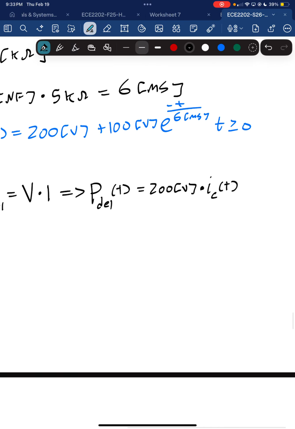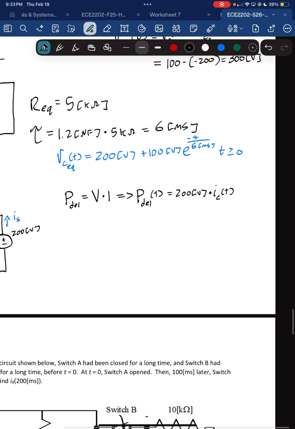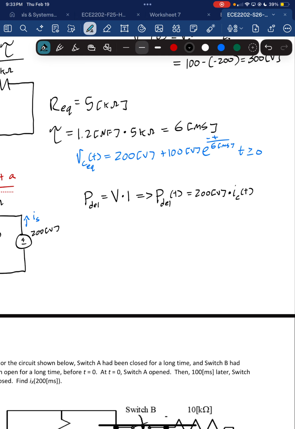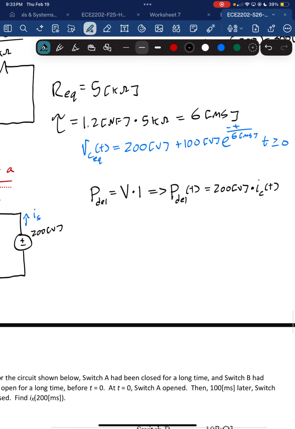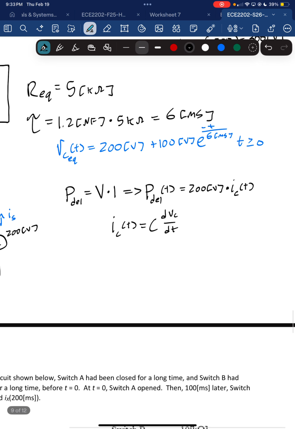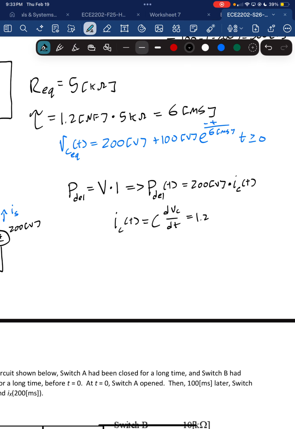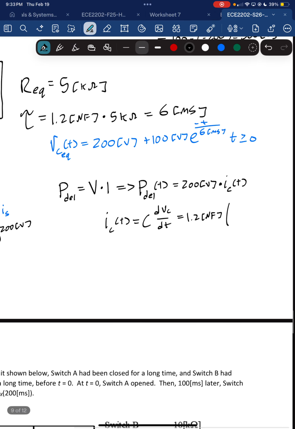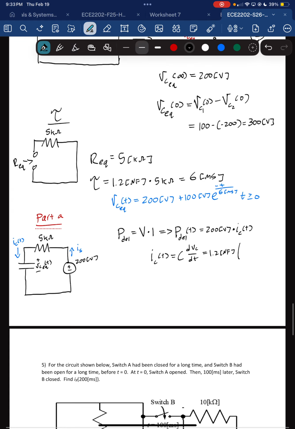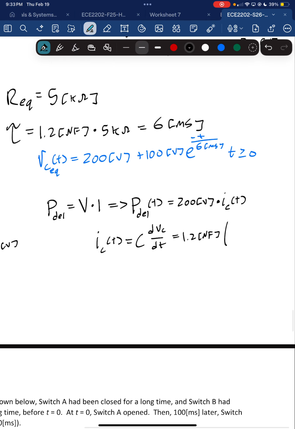Solving for IC of t is going to be really easy, right? We can just use our capacitor property, C dVC over dt, where C is C equivalent, of course. So it's going to be 1.2 microfarads times the derivative of an exponent, which is negative 1 over 6 milliseconds.